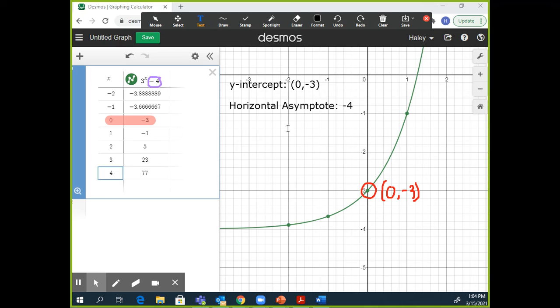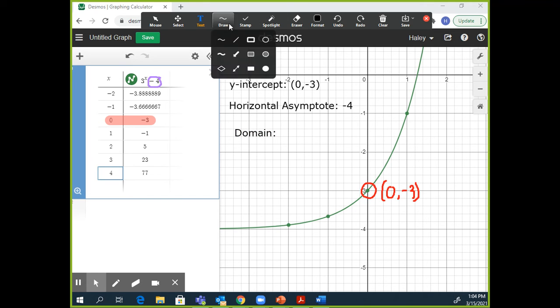All right, our domain. Remember, domain is always the x values of any function. In an exponential function, your domain is always going to be negative infinity to positive infinity. The x values of this graph, we can't pinpoint when they start, when they finish.